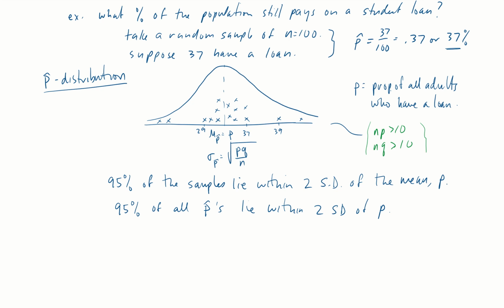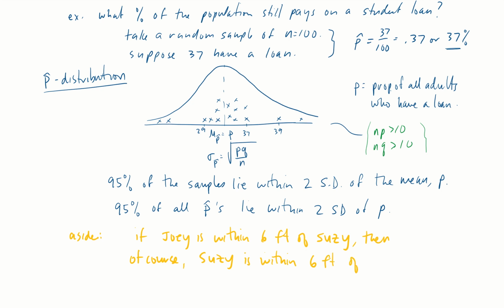Now, I'm going to do a little different color here, just a little aside. If Joey is within 6 feet of Susie, then of course Susie is within 6 feet of Joey.